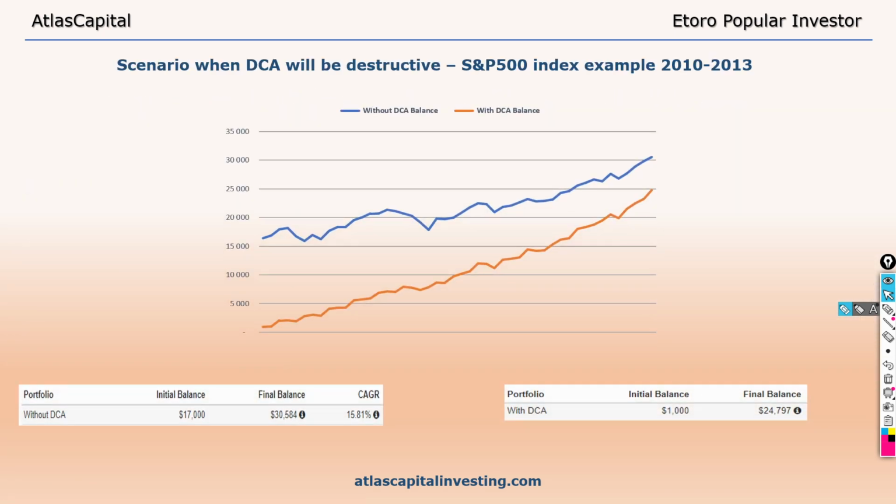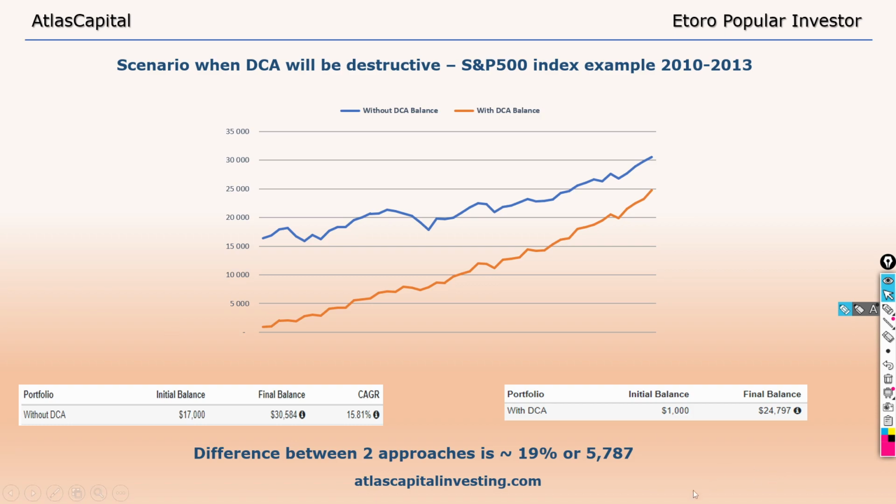We can see in this scenario that the portfolio without DCA actually delivered us a better result. This difference was 5,700 or 19%.